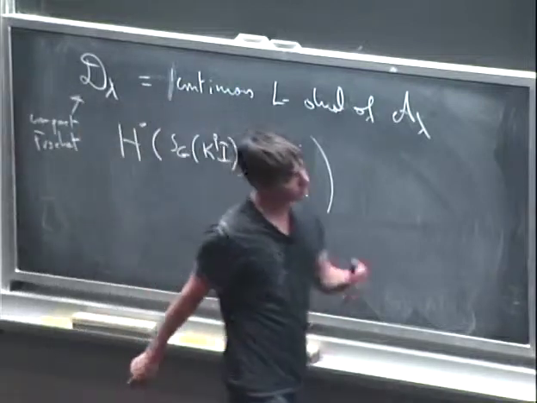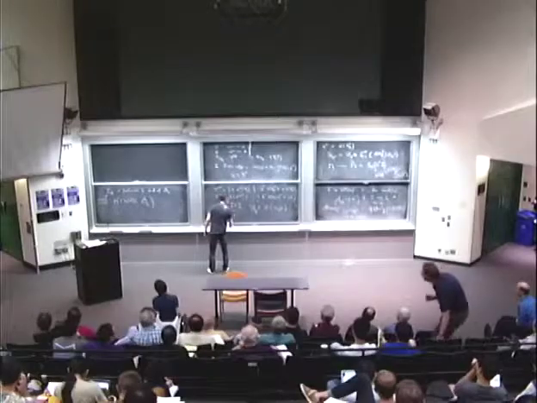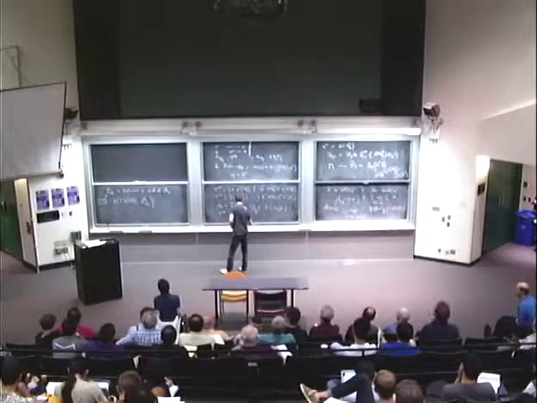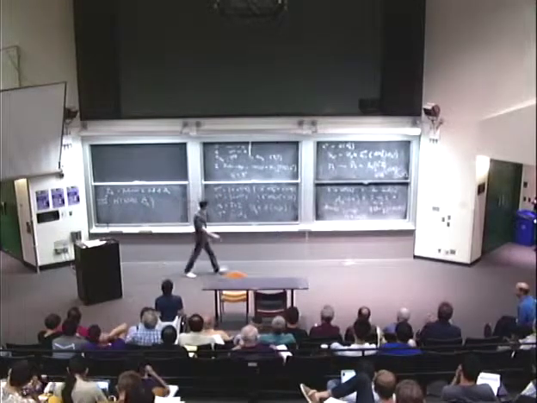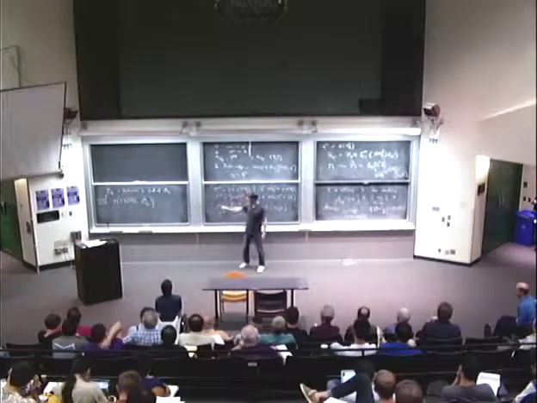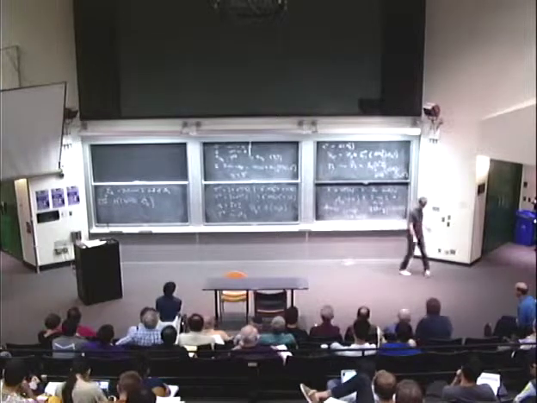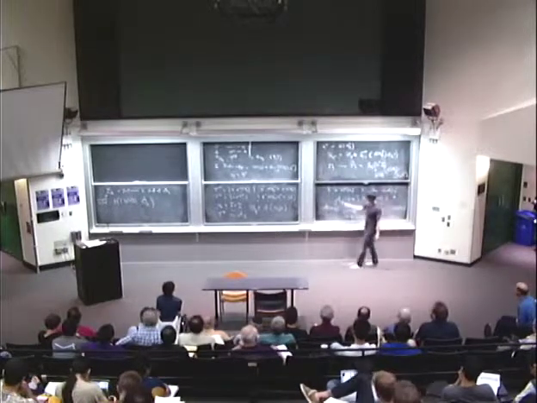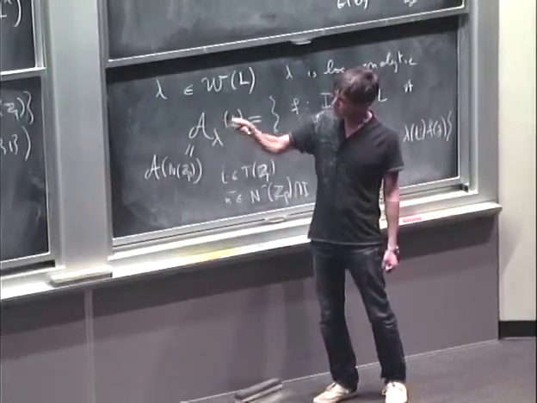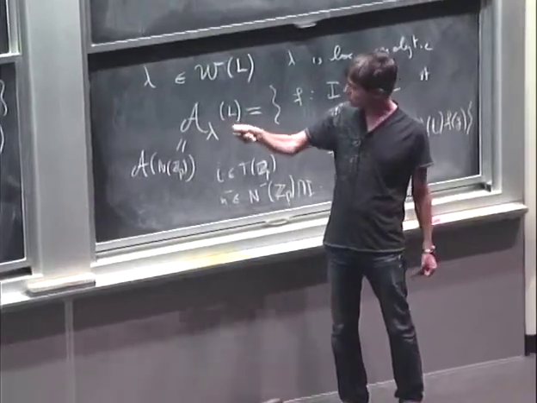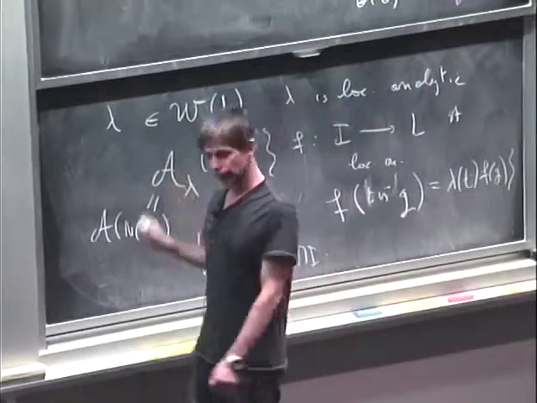And so what you can check is that you have also an action of T plus on A_lambda, and therefore by duality on D_lambda. And so you can check that if you take an element in T plus plus, then this action improves the radius of convergence of the analytic function.